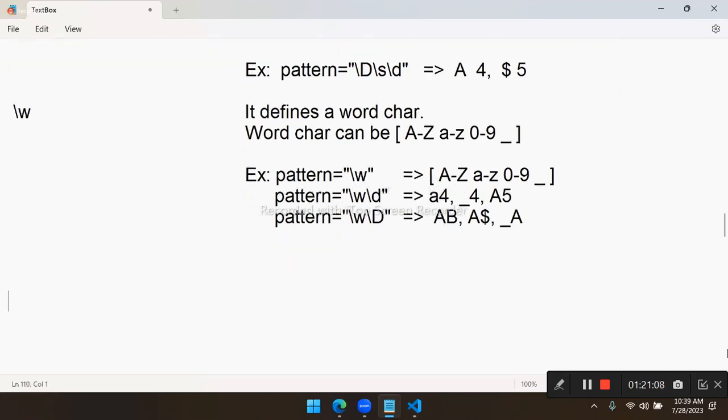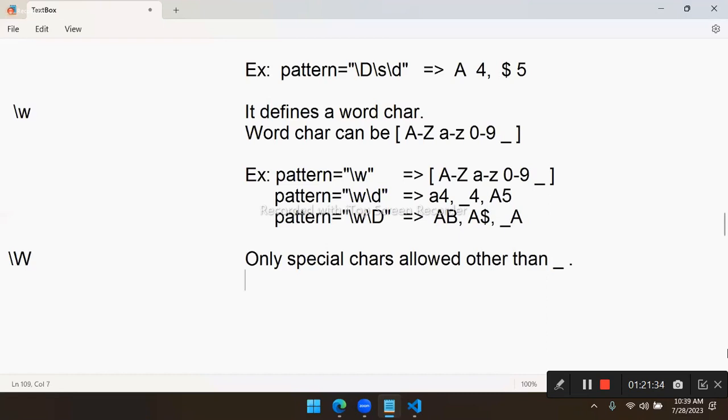That is what it is. Another option, slash uppercase W. So you can simply say only special characters are allowed, other than underscore.